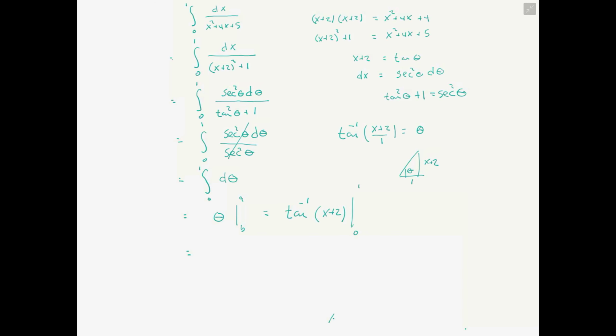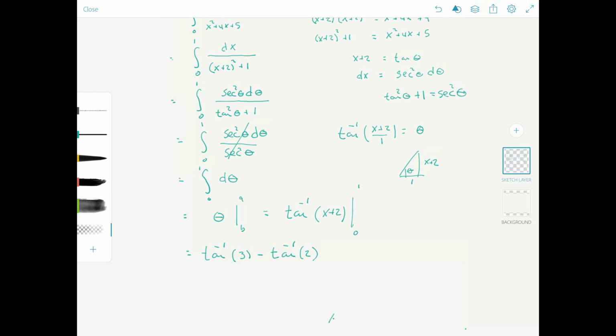And that gives us the arctan of 3 minus the arctan of 2. And that's the best that we can get at this point.